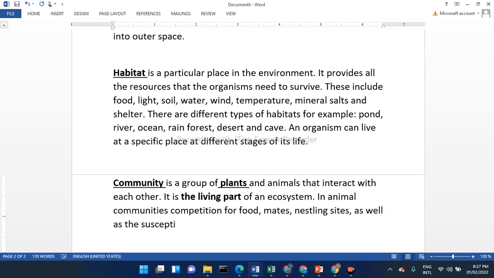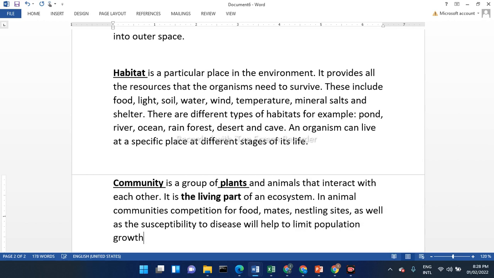So susceptibility to disease will help to limit population growth.